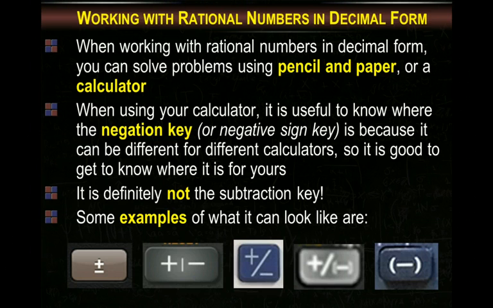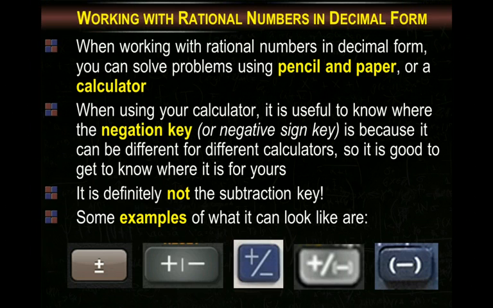Sometimes it's above, sometimes it's beside, sometimes they have a little slash. But another key that it could be to make something negative is that one. What it's absolutely not is the subtraction key. That is not the same. That is not the way to make something negative. So find that key on your calculator if you haven't, because it's useful to you.